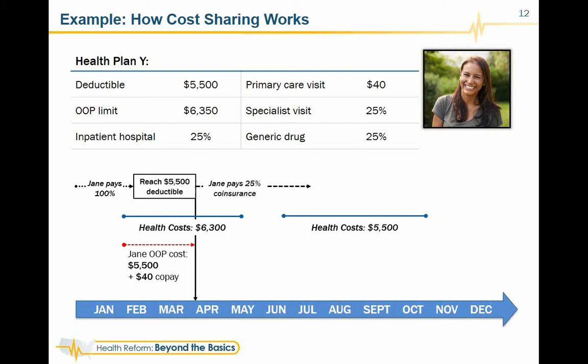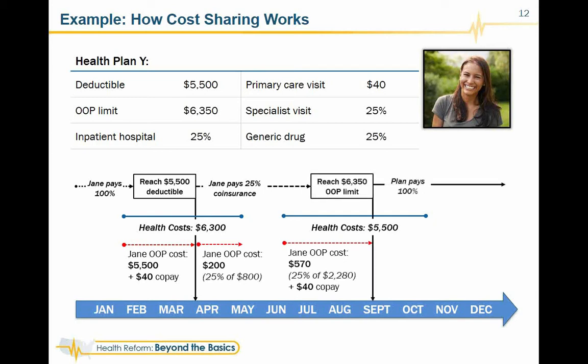Once she reaches the deductible, she's paying 25% in coinsurance for the services that she's using. And then toward the latter part of the year, she's racked up enough costs that eventually she reaches the out-of-pocket limit of $6,350. After she's reached the out-of-pocket limit, the plan covers 100% of her costs. Any services Jane uses beyond that point, she doesn't pay anything out of pocket.